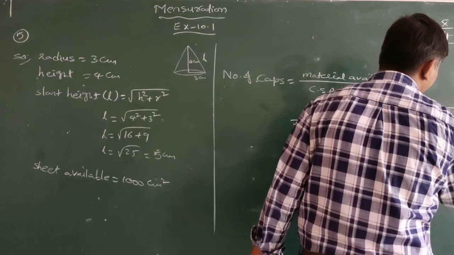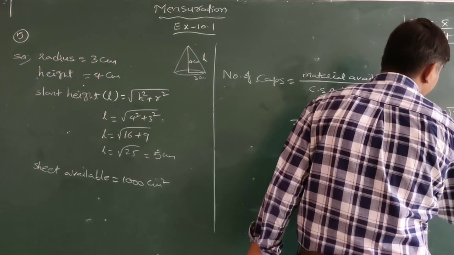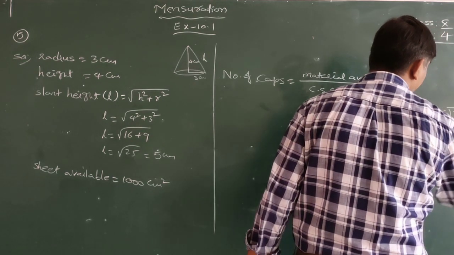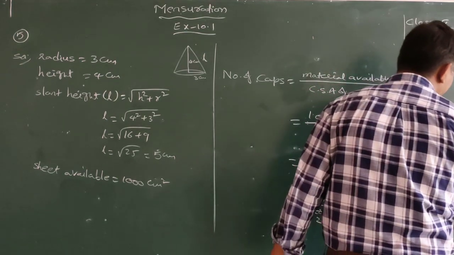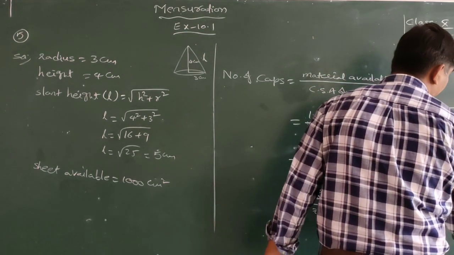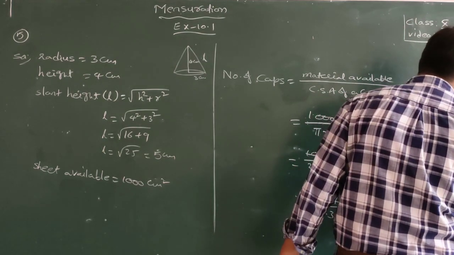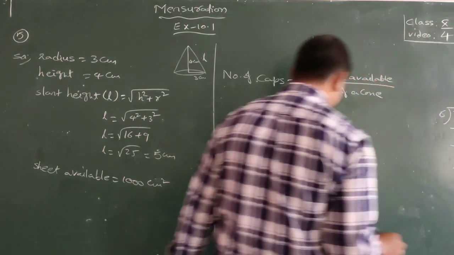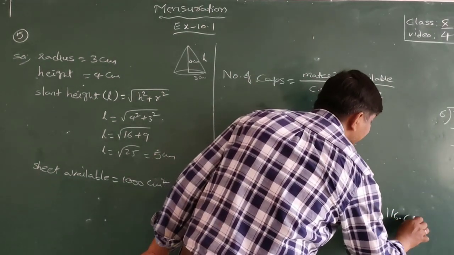6 ones are 6, 10 minus 6 is 4, 0. 6 sixes are 36. It continues, meaning 116.66 something.